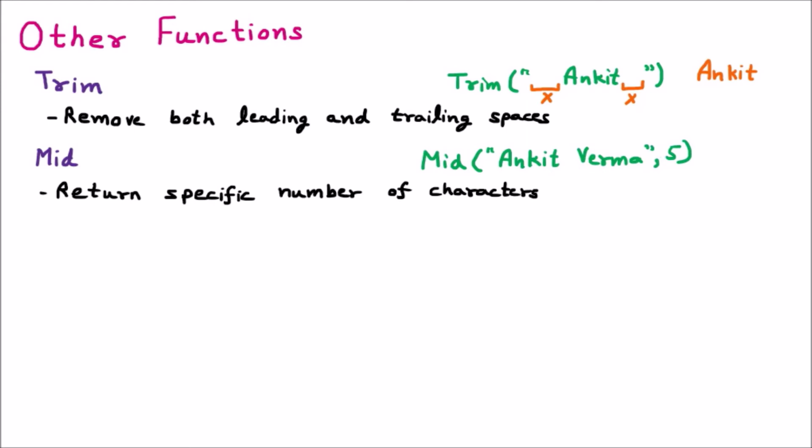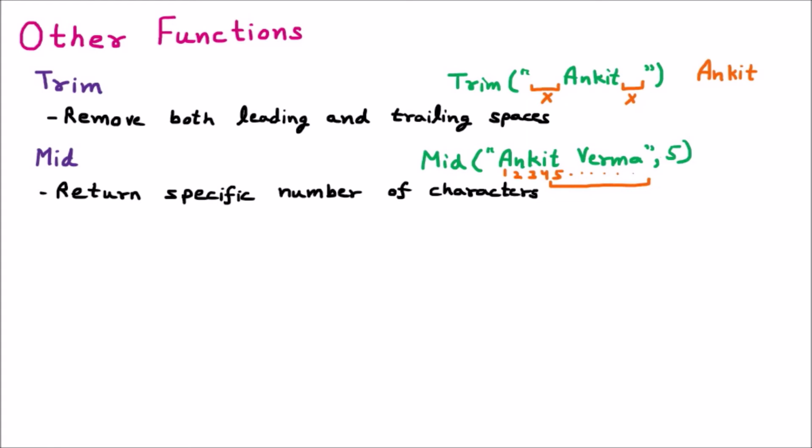Here we know that 5 means fifth character. So we start counting 1, 2, 3, 4, 5. Means starting from 5 and afterward all the characters it is taking. We know that space is also counted as a character. Now starting from the fifth character and afterward all the characters, we know that 6, 7, 8, 9, 10, 11.